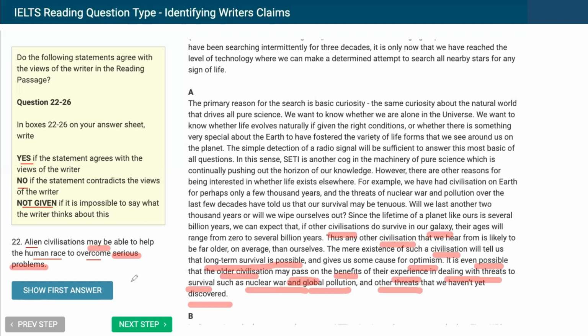Therefore, it is possible that older civilizations may pass on these benefits. In other words, it's possible that alien civilizations may be able to help the human race to overcome serious problems like nuclear war, global pollution, and other threats. So in this case, with a bit of skim reading and scanning, I would definitely say yes.